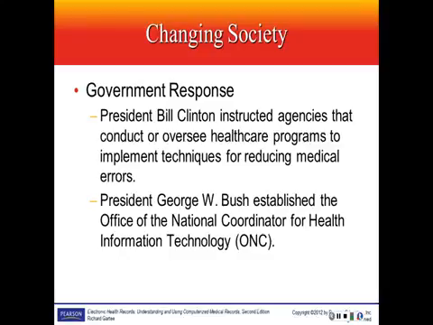Congress appropriated $50 million for the Agency for Healthcare Research and Quality, that's AHRQ, to support a variety of efforts aimed at reducing medical errors. President George W. Bush established the Office of the National Coordinator for Health Information Technology, that's abbreviated ONC, under the U.S. Department of Health and Human Services.